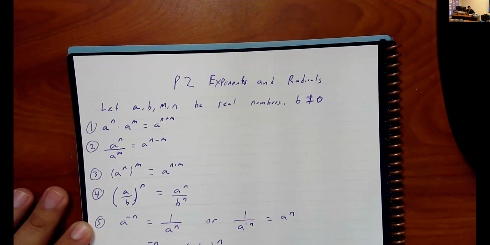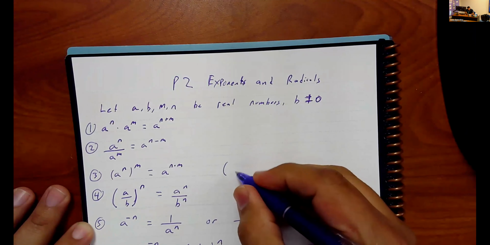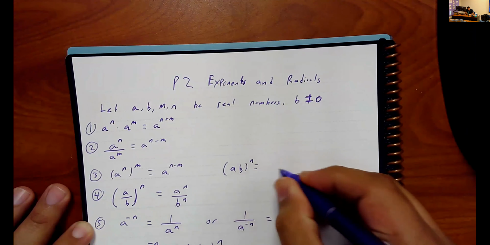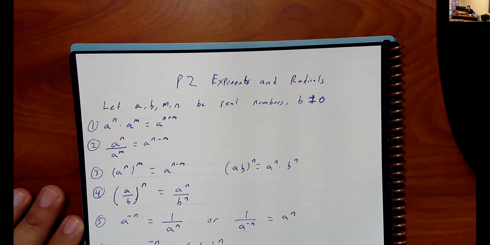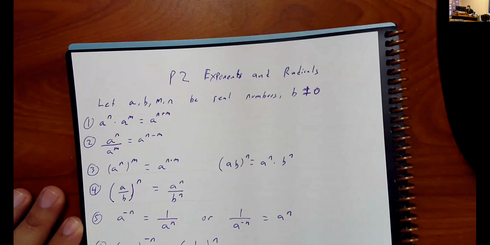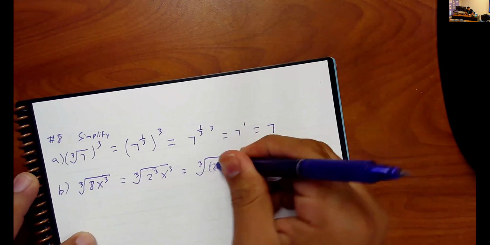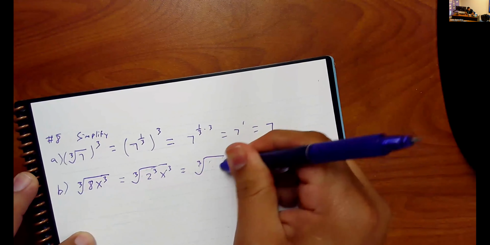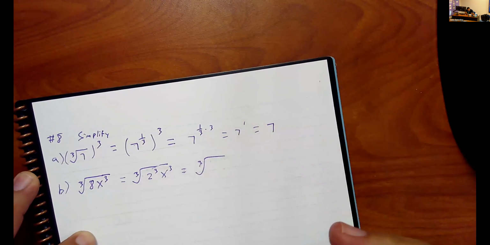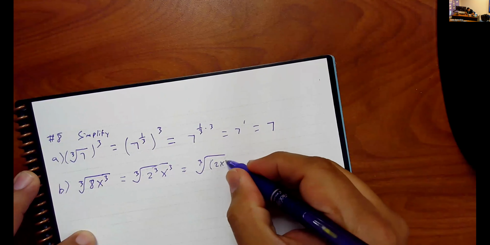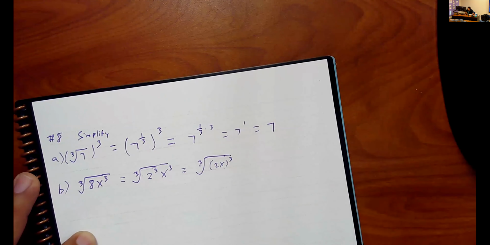It's an extension of 3. If you have AB to the n, you have A^n B^n. So we have 2 cubes, so you can put the whole thing in 1 like that.